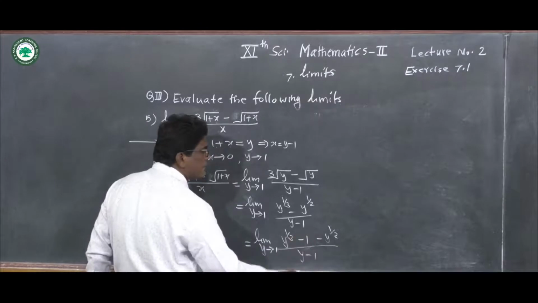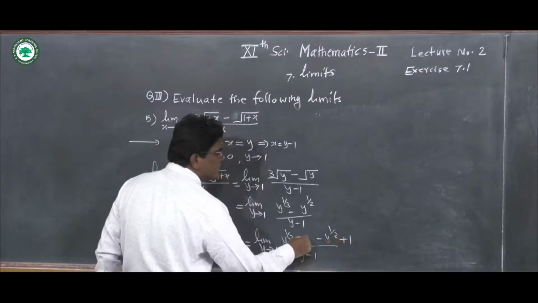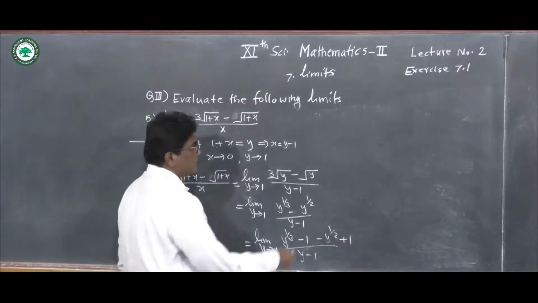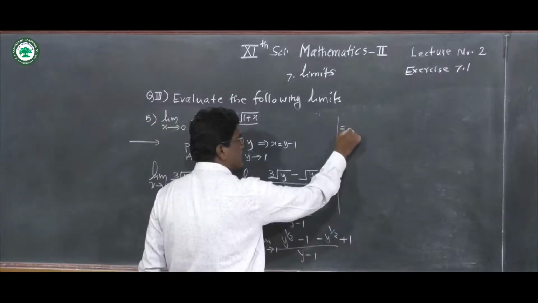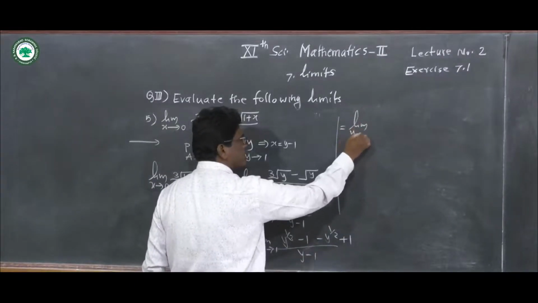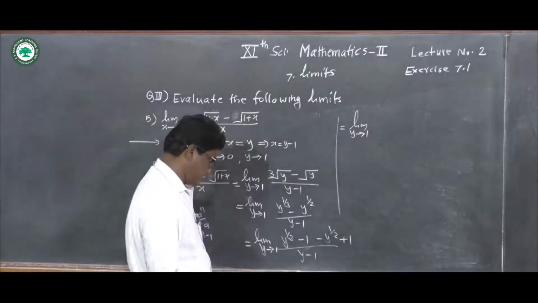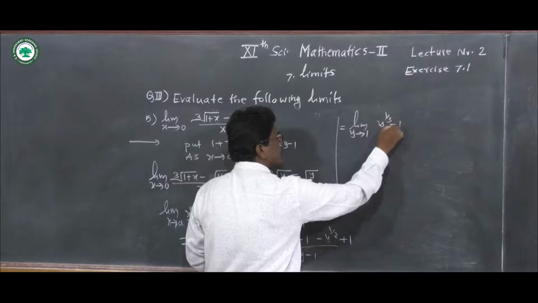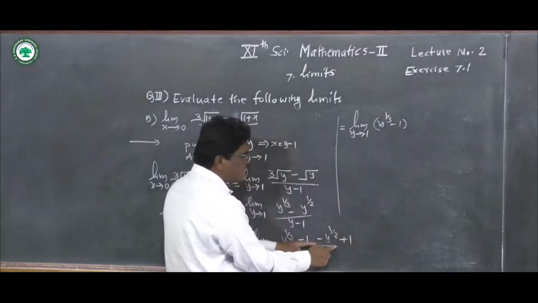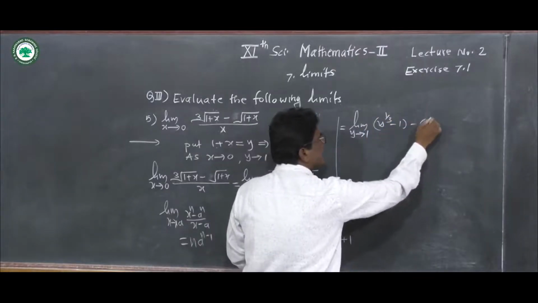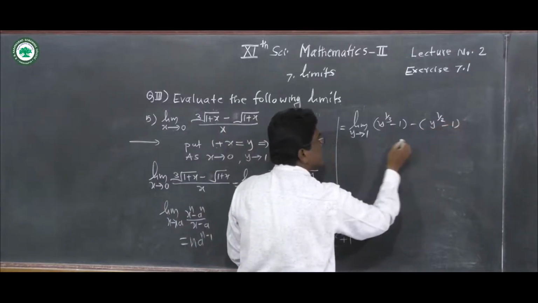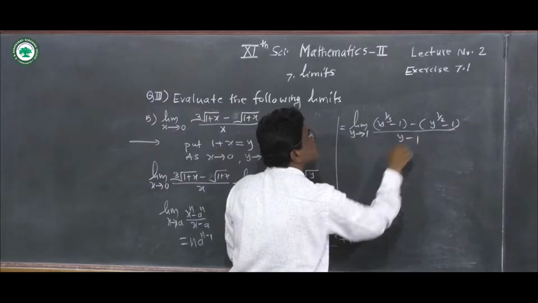Now we take minus 1 and plus 1, so that minus 1 and plus 1 get cancelled. Now it is equal to the limit as y tends to 1 of y raised to 1 by 3 minus 1, and taking the minus sign common, minus in the bracket y raised to 1 half minus 1, upon y minus 1.